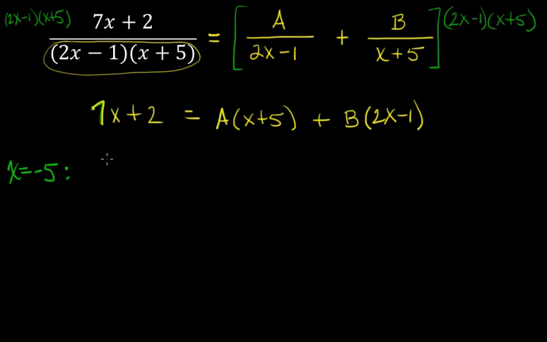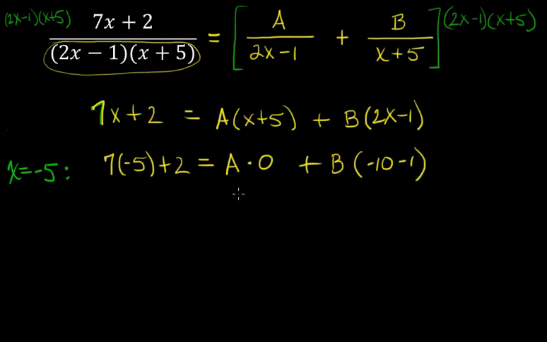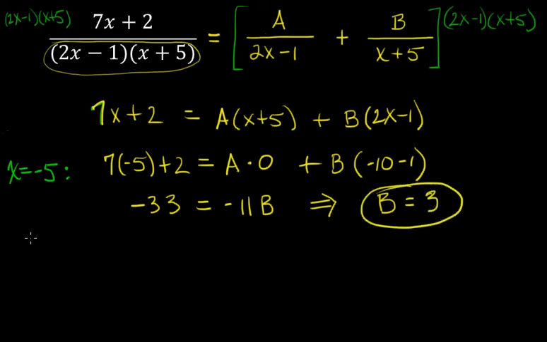We can drop out the A. We have 7 times negative 5 plus 2 is equal to A times 0 plus B times 2 times negative 5, which is negative 10 minus 1. Now again, in the future, you do a lot of this in your head. So we have negative 35 plus 2 is negative 33, equal to minus 11B. So we can solve for B, and we get B is equal to negative 33 over negative 11, which is 3. So B is equal to 3.